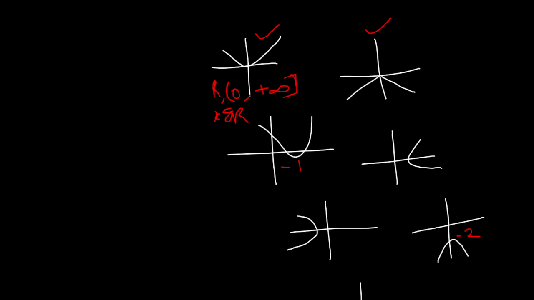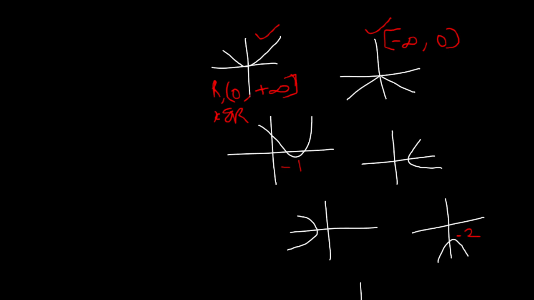Okay, so what is the range and what is the domain? So the range from this graph is from negative infinity to 0. Why am I writing the square bracket and the round bracket? The square bracket means it's not included since we don't know the number, but the round means including 0.